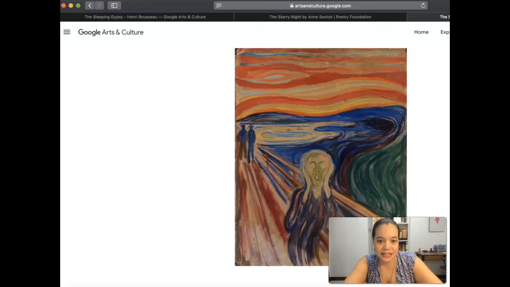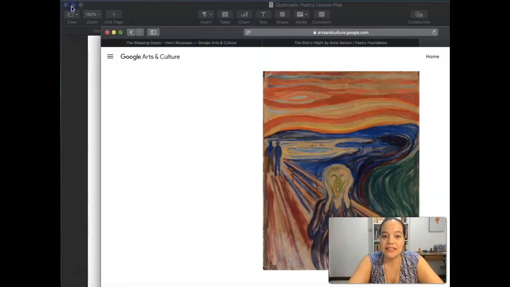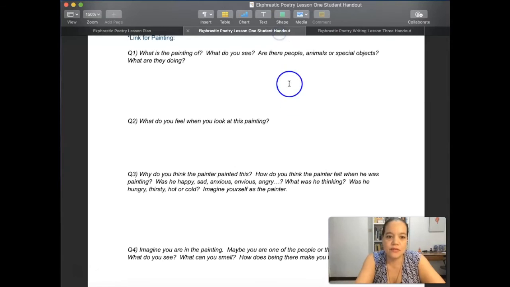What do you see? So the questions that you use from the first lesson will be used to create a brainstorm. And the students should brainstorm everything they can about this painting. So you might ask them some of these questions, right?